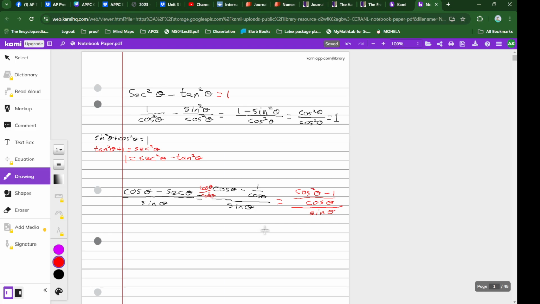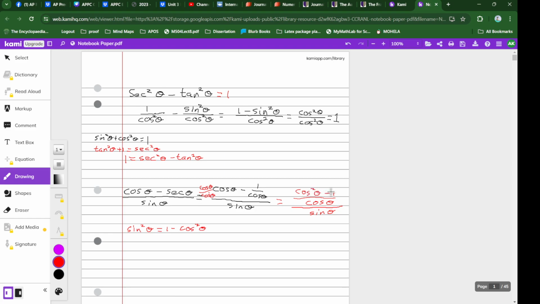Now we're going to think back to our Pythagorean identities, specifically sine squared theta plus cosine squared theta equals 1. So I can write sine squared theta as 1 minus cosine squared theta. But that isn't quite what I have up here. I actually have cosine squared theta minus 1.